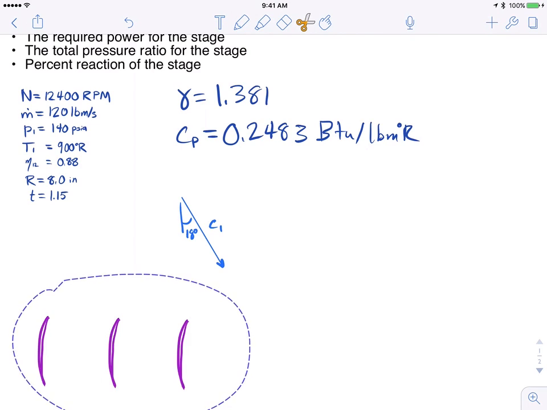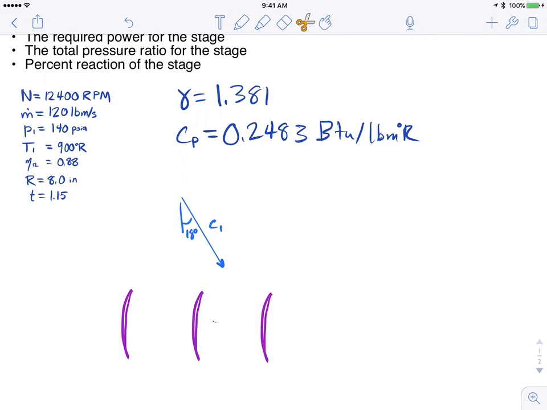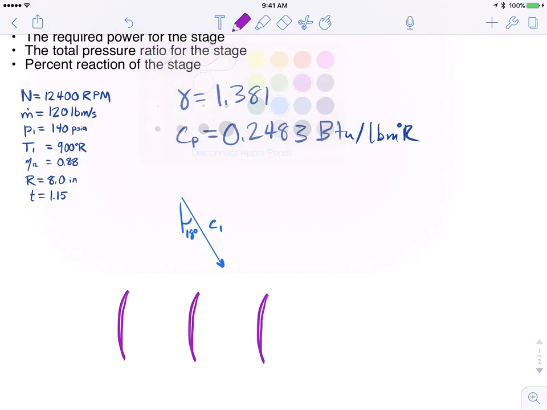Downstream of that, we will have our rotor blade row, and that blade row is going to be moving to the right with a velocity of capital U, which we can calculate by multiplying our radius by the angular velocity.